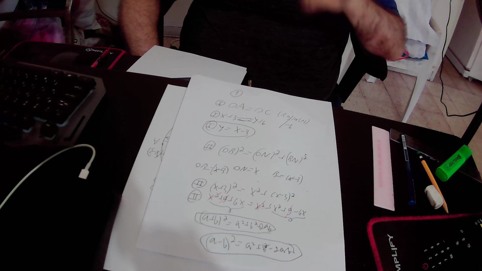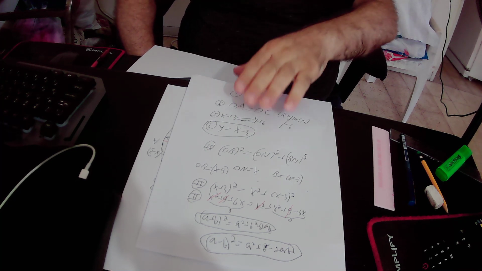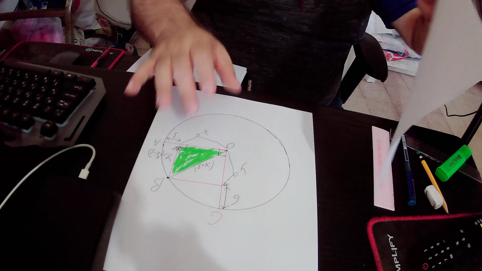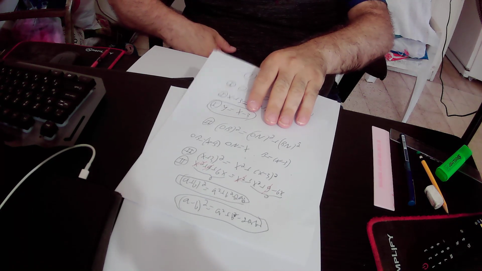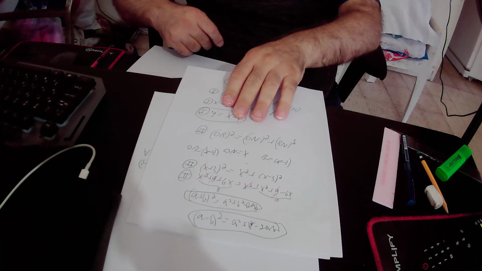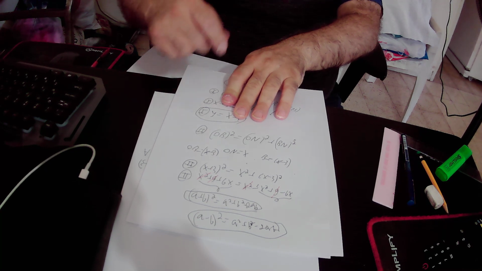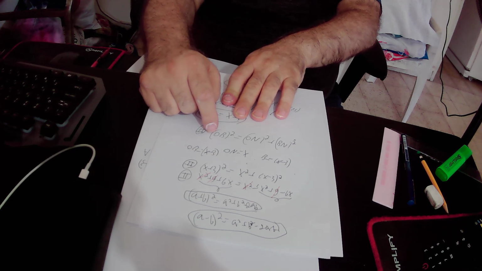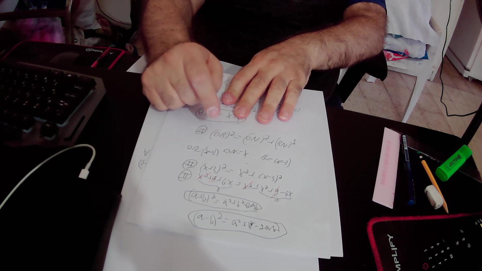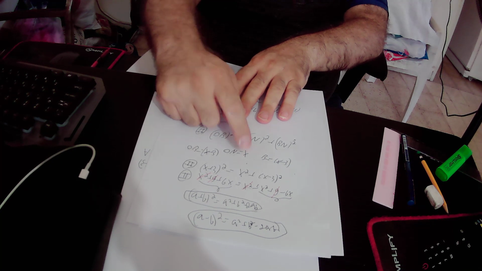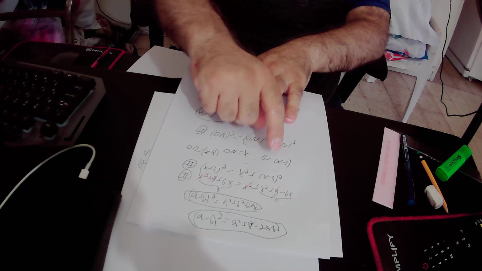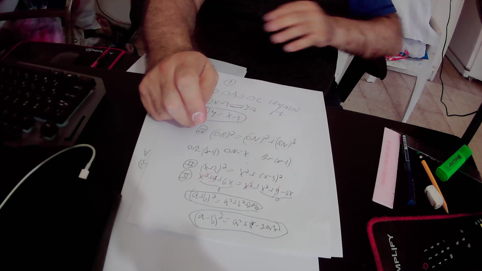So according to the Pythagorean theorem, OB squared, the square of the hypotenuse, equals the sum of the squares of the perpendiculars, ON squared plus BN squared. That is the second equation. We know that OB equals x plus 3, ON equals x, and BN equals x minus 3, so we can substitute them.